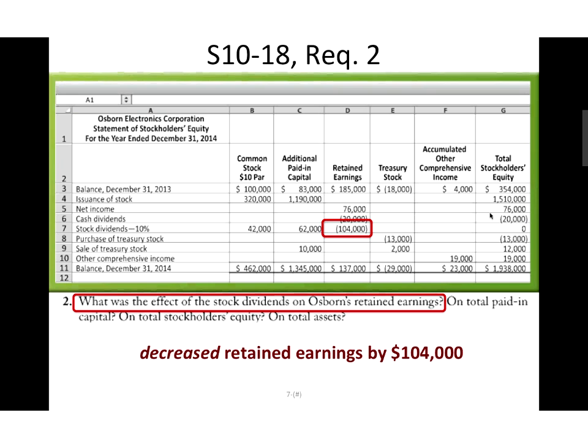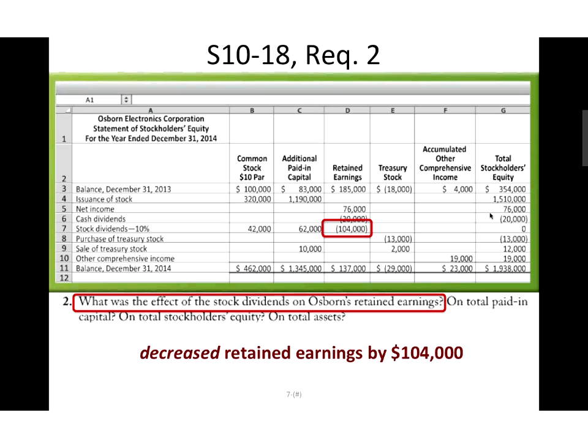Okay, next question. What was the effect of stock dividends on Osborne's retained earnings, on total paid-in capital, on total stockholders' equity, and on total assets? What we see on the statement is that retained earnings were decreased. You go across: common stock increased $42,000, additional paid-in capital increased $62,000, retained earnings decreased by $104,000.